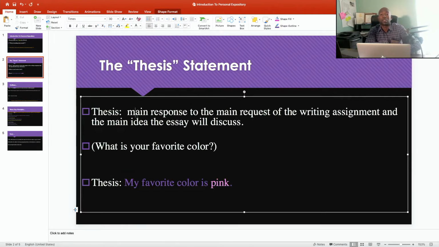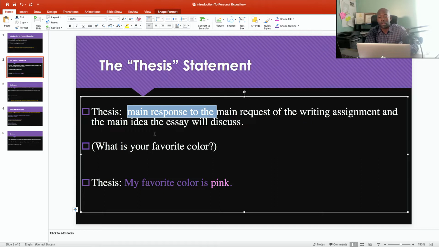Once again, a thesis statement is something that you want to be aware of when writing any kind of expository or persuasive essay. Thesis statement just means the main idea you're going to discuss in the essay or in the writing assignment. So it often responds to the main request or question that you're asked.